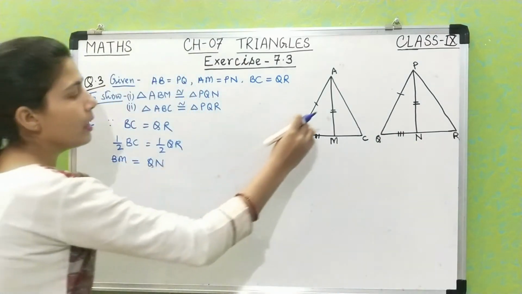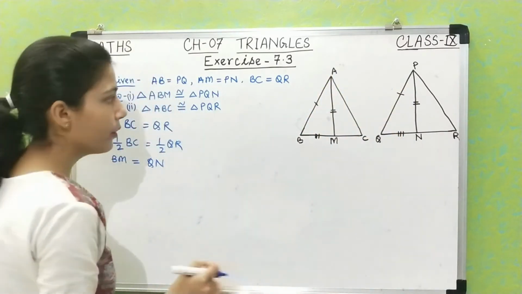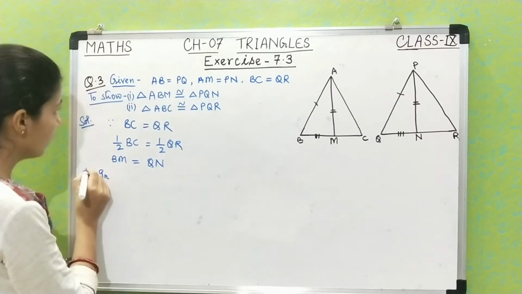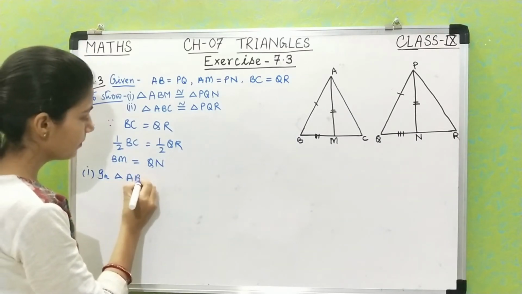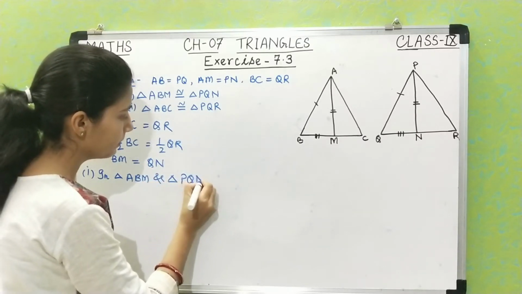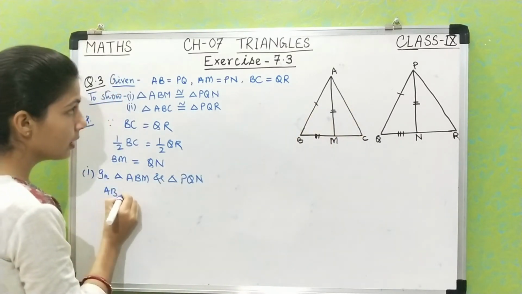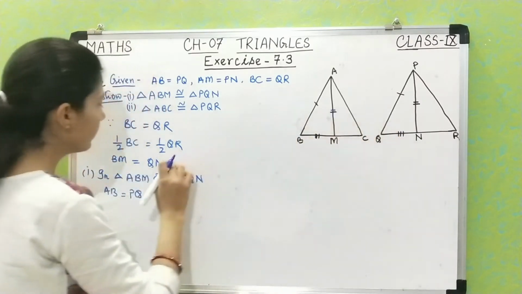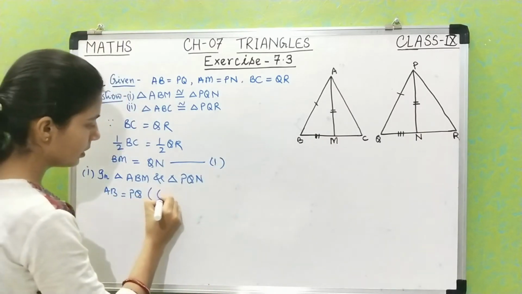Now we have to show triangles ABM and PQN as congruent triangles, so we will consider these triangles. In the first part we are going to prove, in triangle ABM and triangle PQN, since AB equals PQ, this we have given.